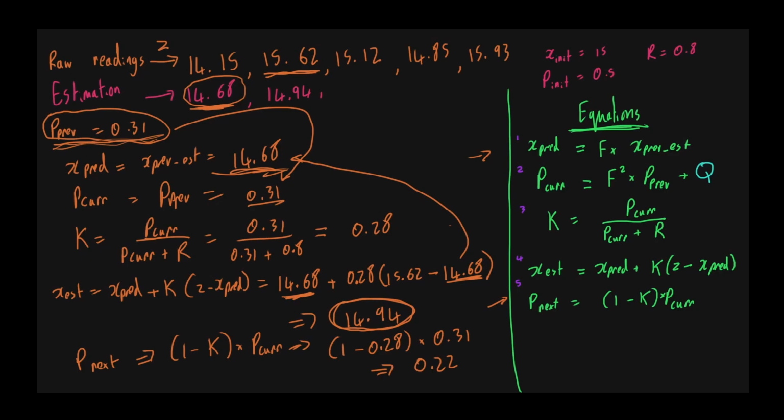And I'm just going to rub this all out. And of course, I need to keep track of this variable here, which is our p next. So this is p for the next cycle. So let's just update this part here. So I'll rub that out.